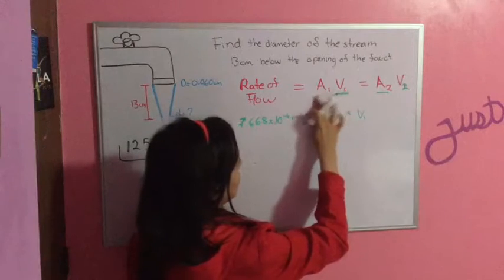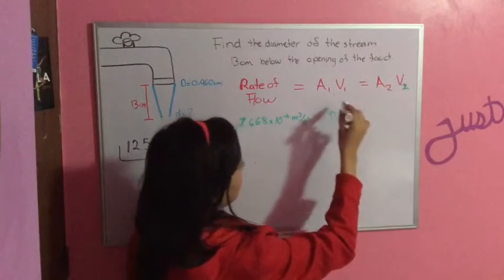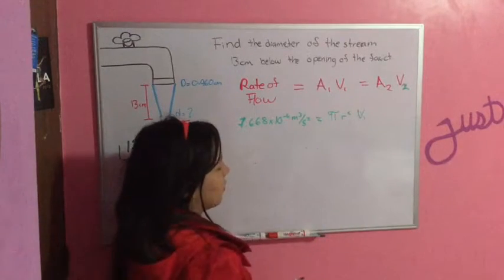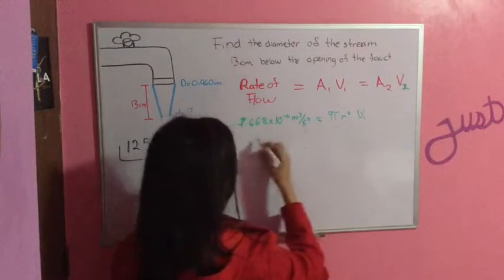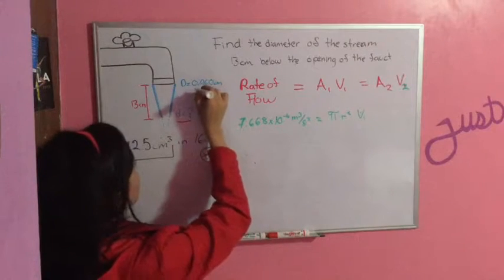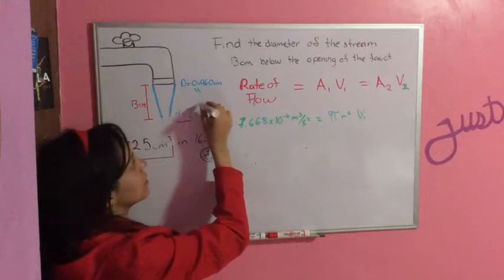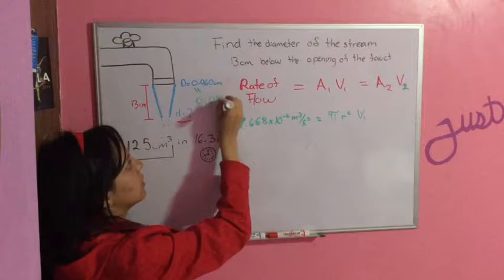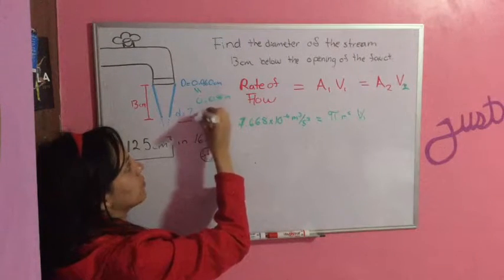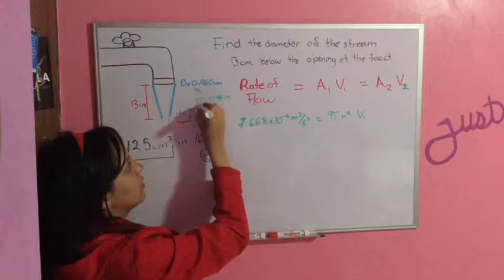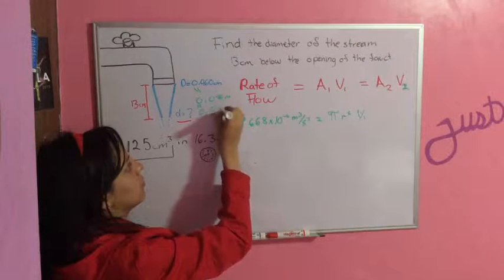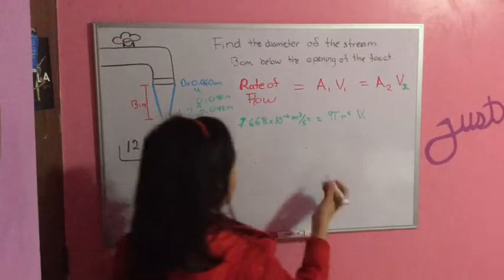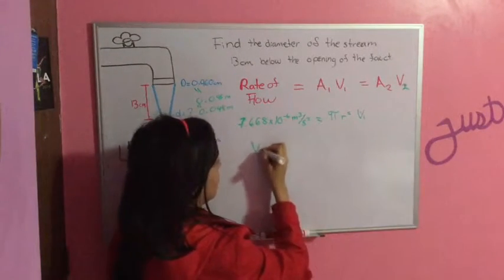So it's better to use the one we know the radius. So you only have to replace, and also you have to convert this into meters. So you will get 0.096 meters, and the radius is equal 0.48 meters. So you only have to isolate B.